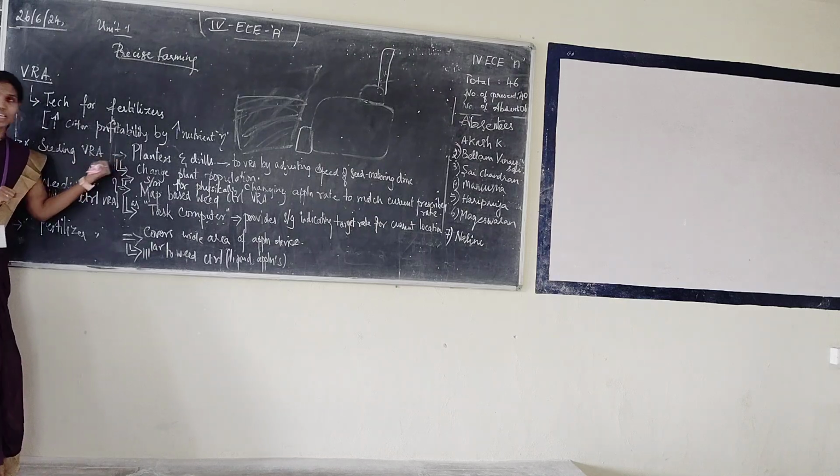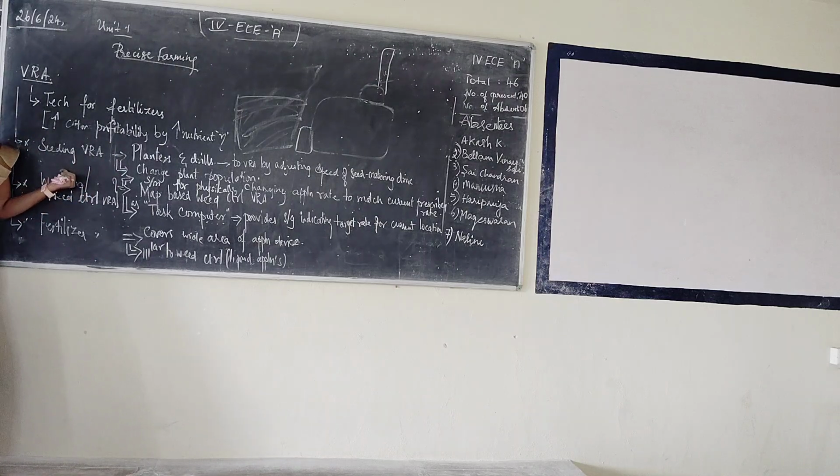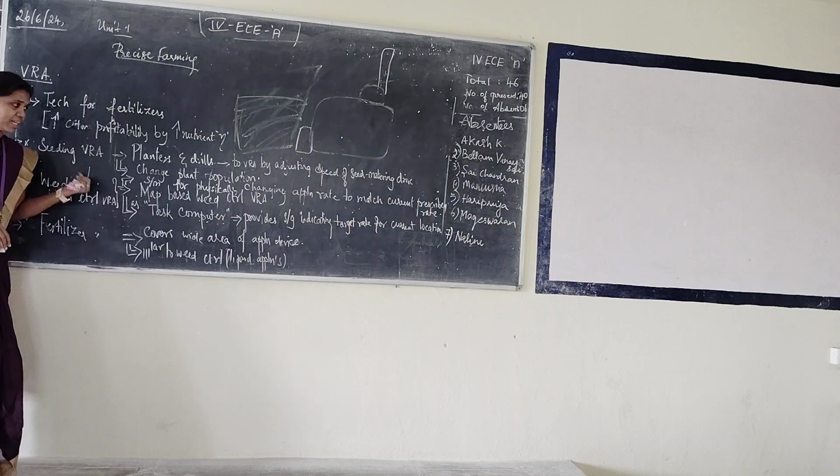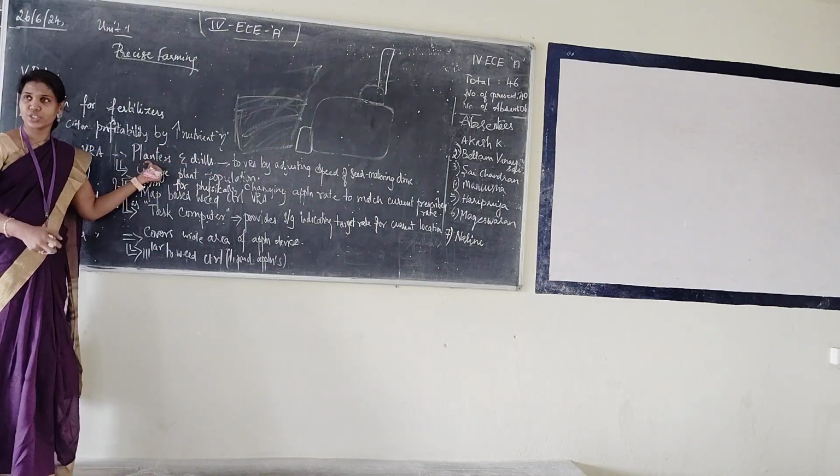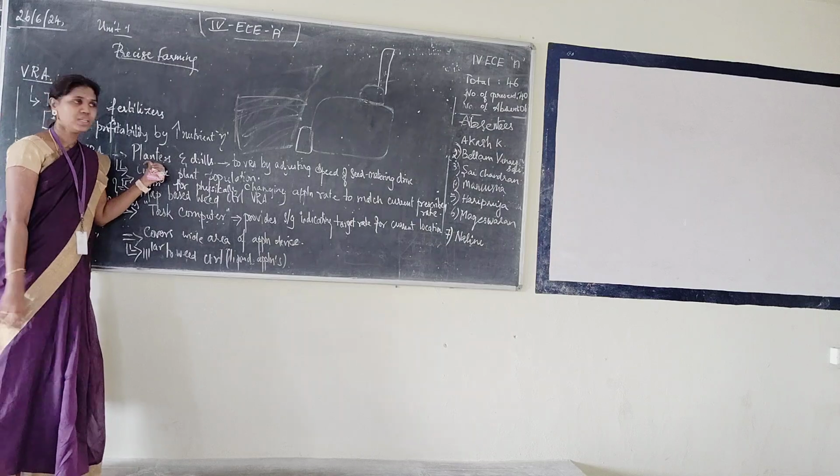So you see here on a seeding. We are able to see very fast, and here we are able to make planters and drills. Make a drill, plant, and make it done.